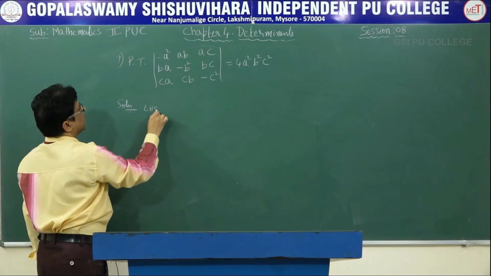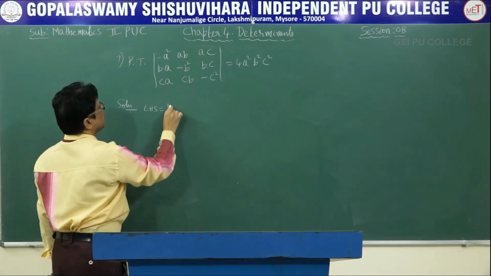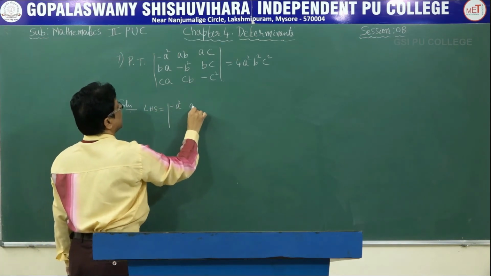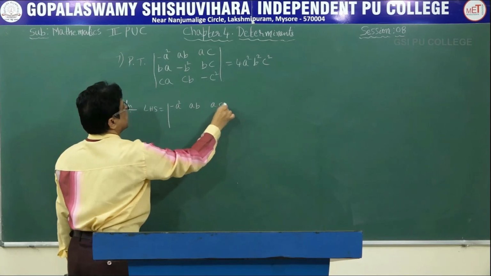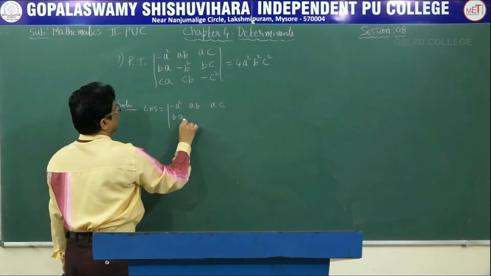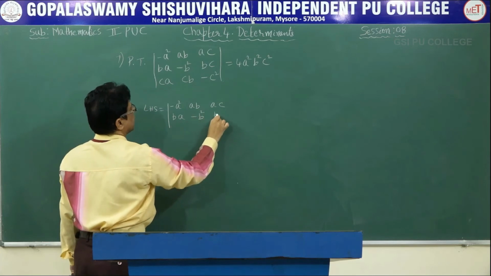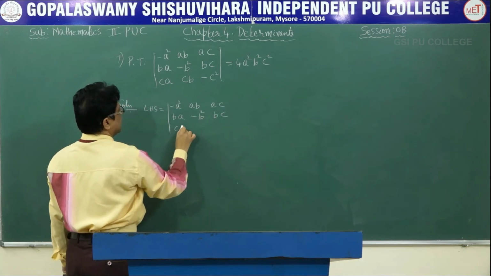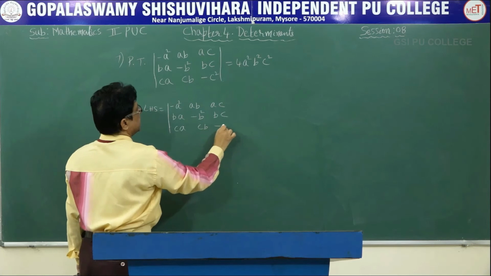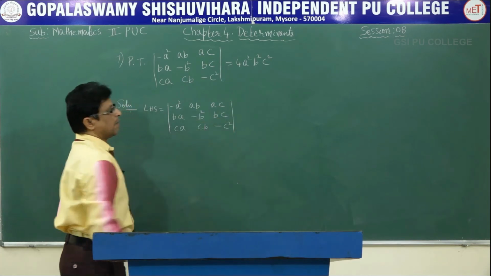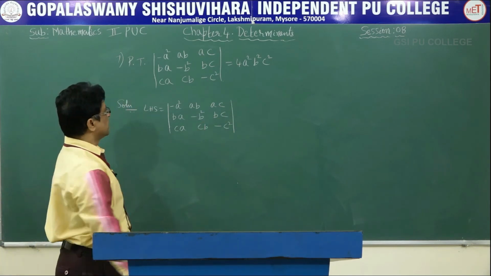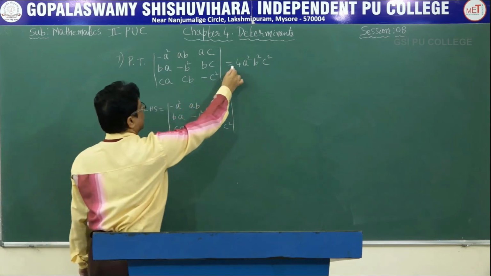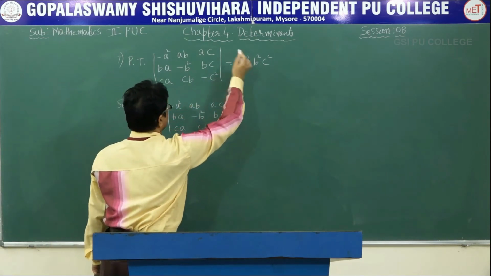So, LHS is equal to determinant of minus A square, AB, AC, BA, minus B square, BC, CA, CB, minus C square. Our final aim is to show that the given determinant will be equal to 4A square B square C square.